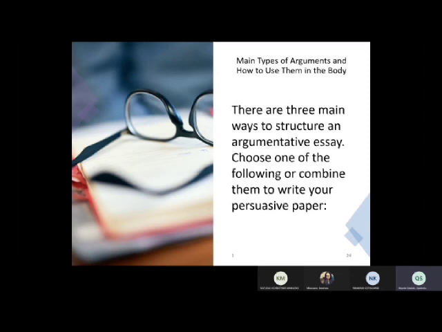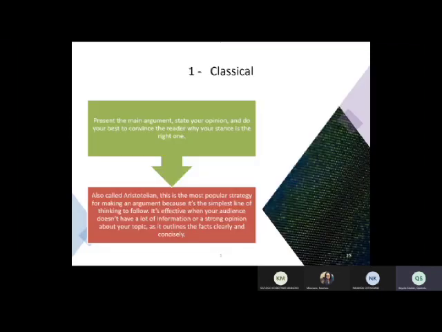Okay, so there are 3 main ways to structure an argumentative essay, right? So you choose one of the following or combine them to write your persuasive paper. Remember, the persuasion is the main thing in an argumentative essay. So the first one is the classical, right? In the classical type of argumentative essay, you present the main argument, state your opinion, and do your best to convince the reader why your stance is the right one.